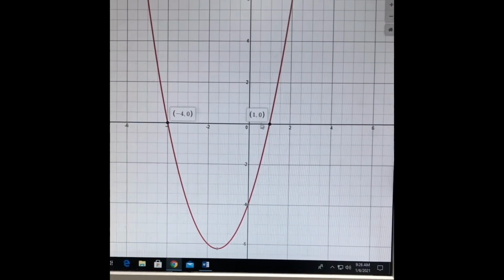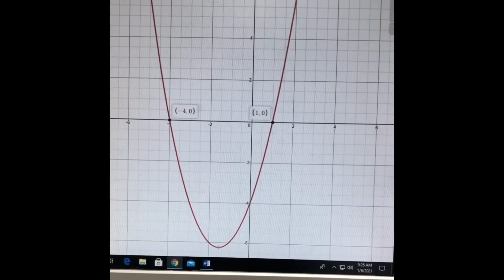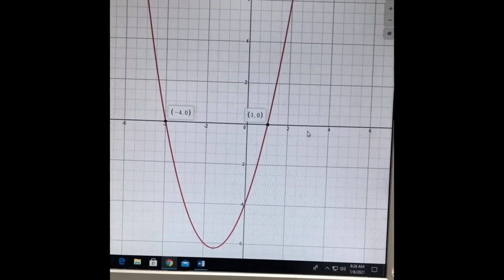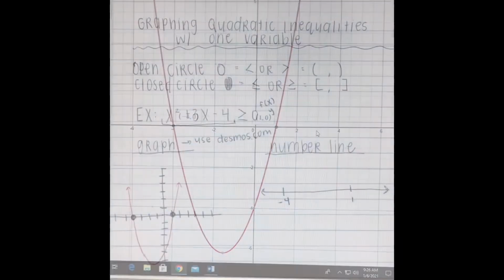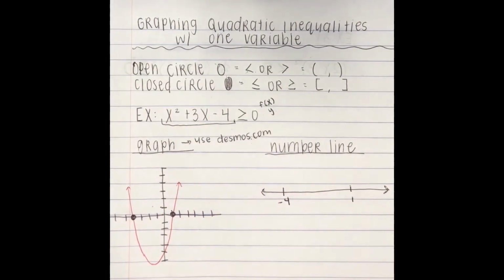So here's your 0. Everything greater than that line, right, is going to be part of our solution set for the inequality. All right, so I've transferred the Desmos graph onto paper so I can illustrate what I'm explaining to you guys.